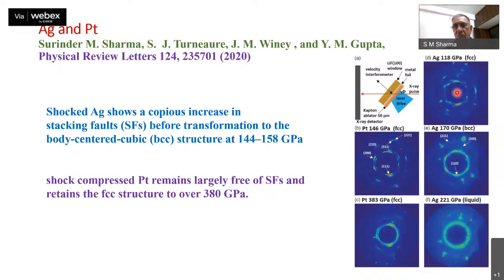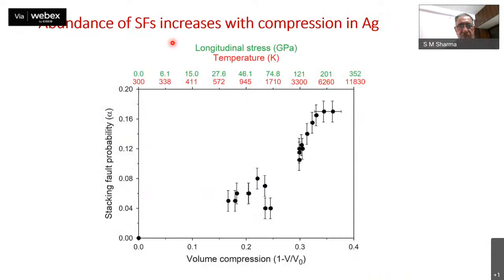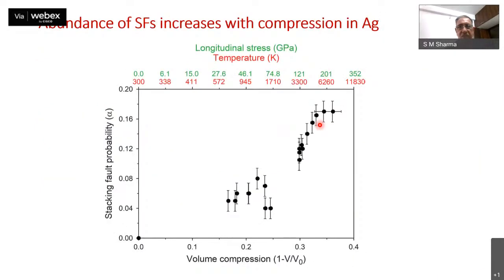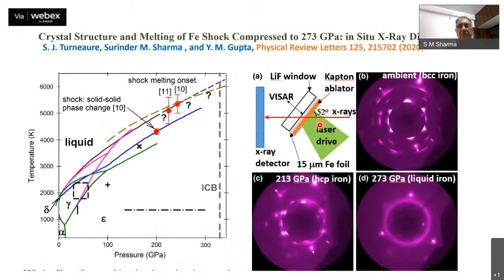So, like gold, silver also undergoes a transformation from FCC to BCC and also has a large abundance of stacking faults, almost every sixth layer, but in platinum, none. And platinum also doesn't transform. So there seems to be a very close relation between the abundance of stacking faults and the FCC to BCC transformation.